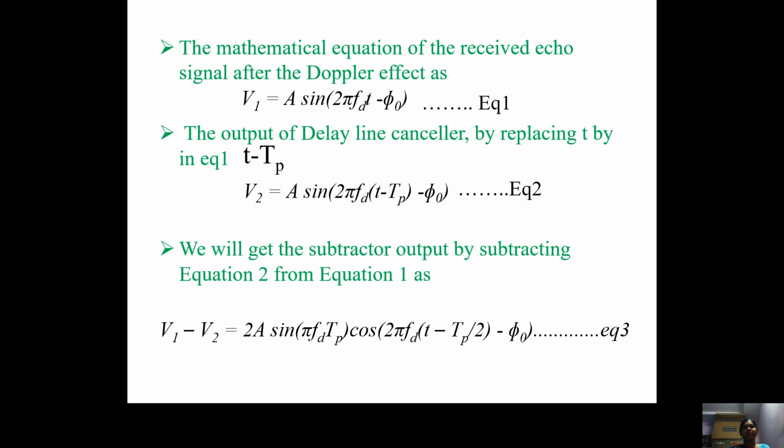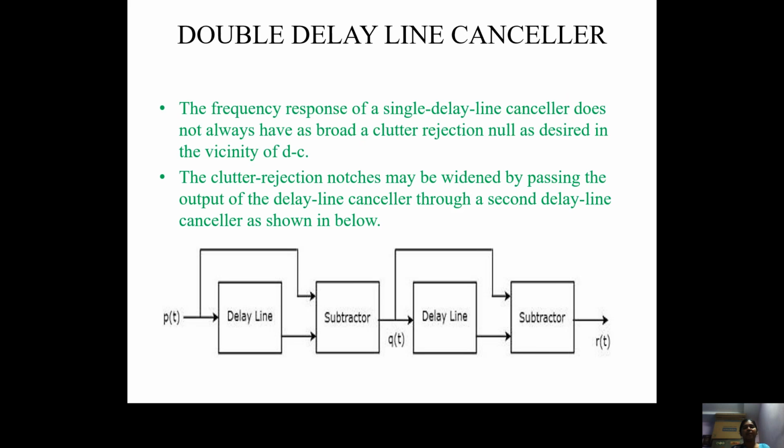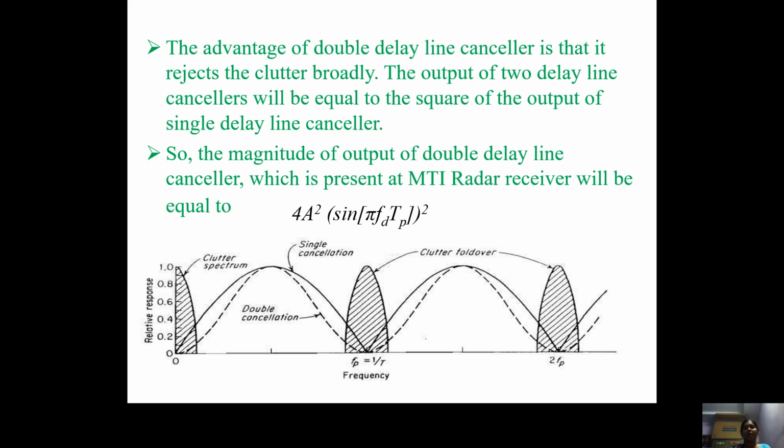That is the reason we get the output as 4a square sin pi FDTP whole square. If we increase to n delay lines, we will get a power n sin pi FDTP whole power n.